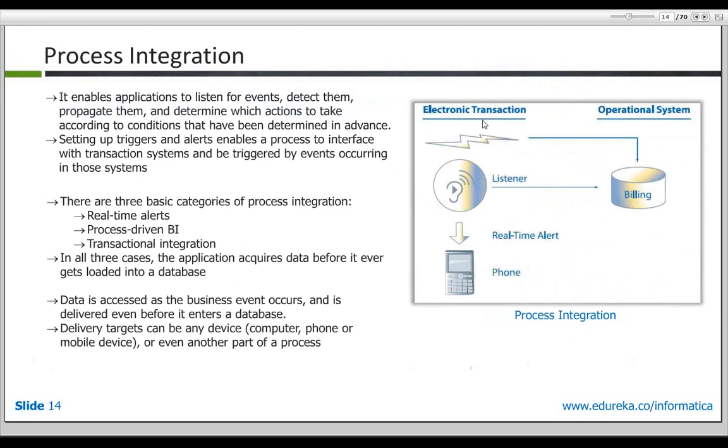So the first symbol which is shown here is nothing but the electronic transaction which is happening. As soon as it happens, the information gets stored into the billing database. Now there is a listener sitting on the top of billing, which sees what transactions are happening on the billing database. As soon as a transaction enters into the billing database, this listener listens and uses that information, fetches this information and sends it to the individual users.